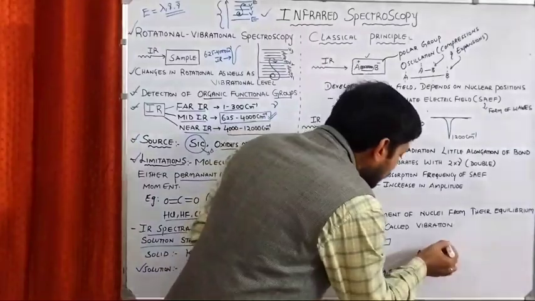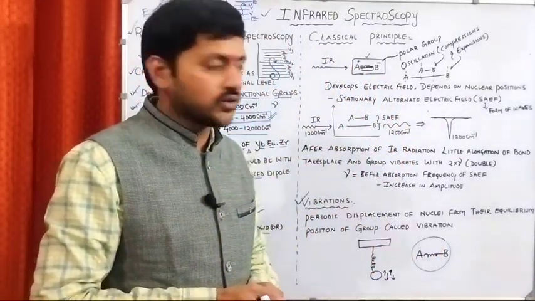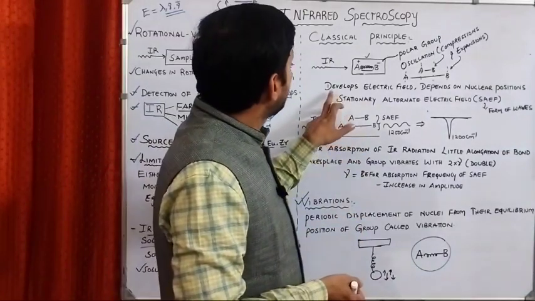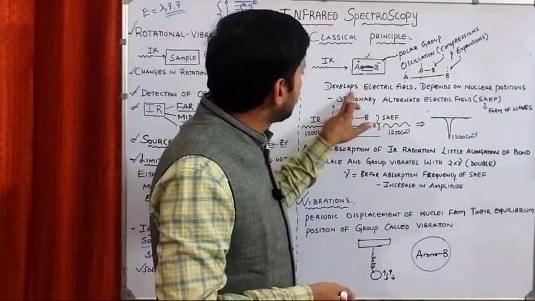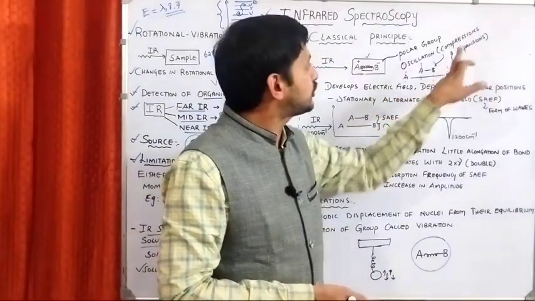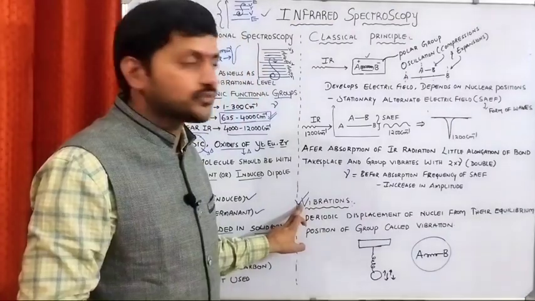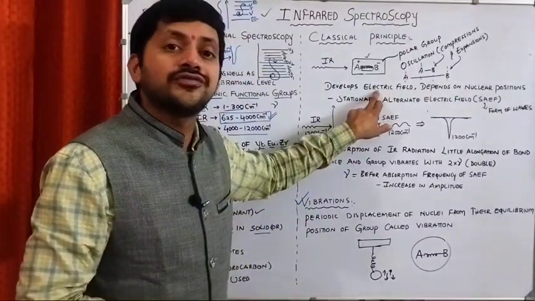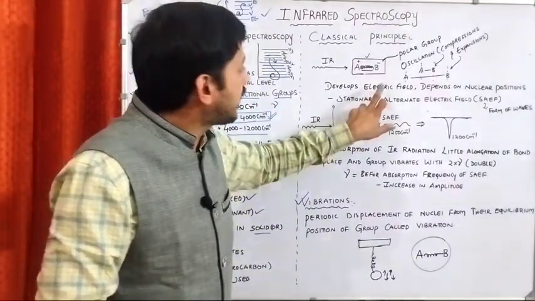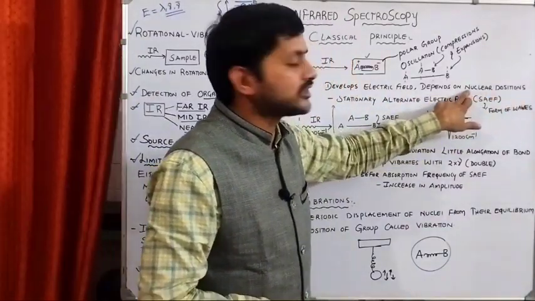So in the particular molecule, what are we observing? Vibrations. Okay. See this one. The vibrations in the molecule develop what? An electric field. Because of the compressions and expansions, commonly called vibrations, we observe an electric field in the molecule. That electric field depends upon the nuclear positions.